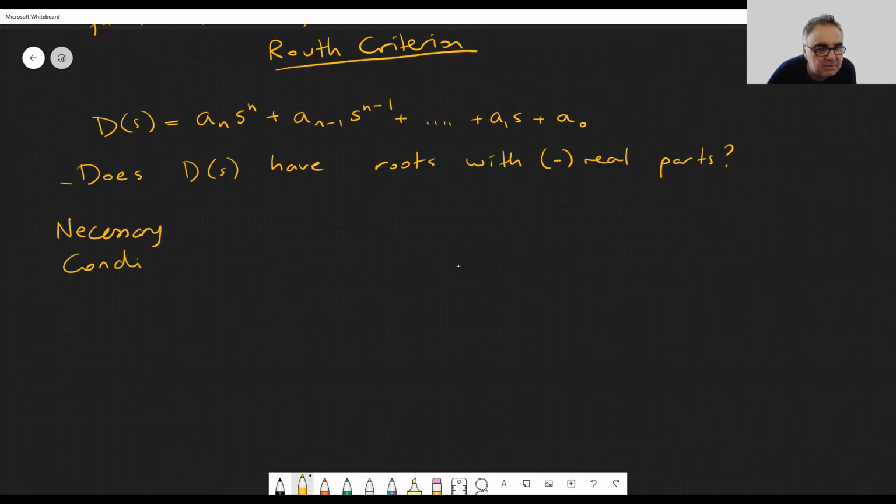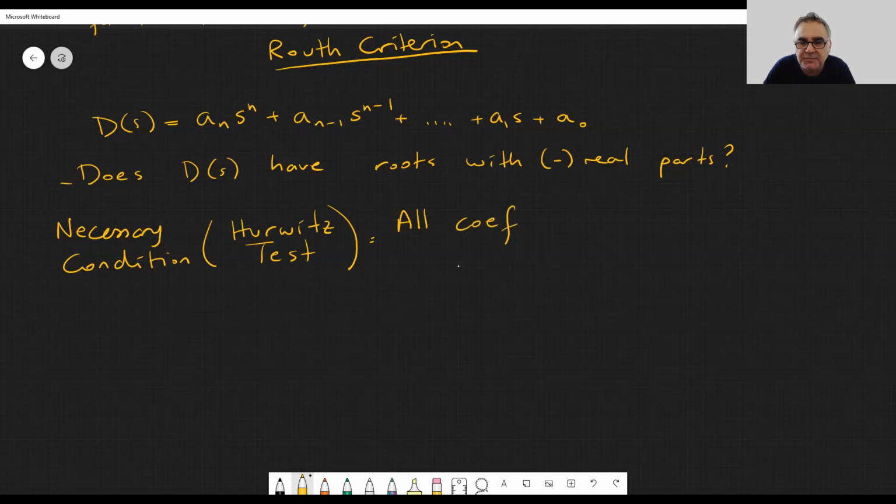The necessary condition, which is called the Hurwitz test, by the way, is that all coefficients a_i must exist in the first place.